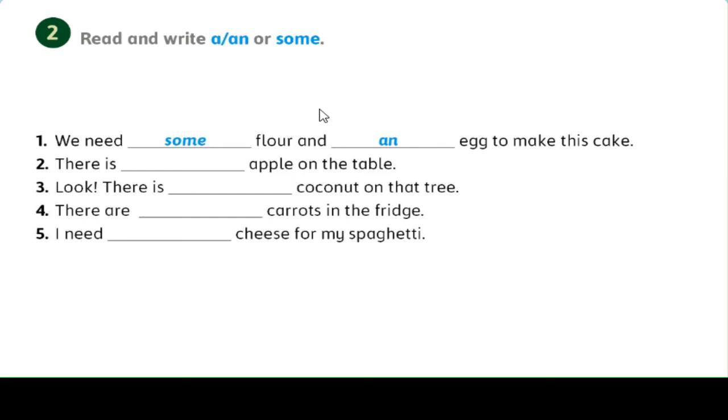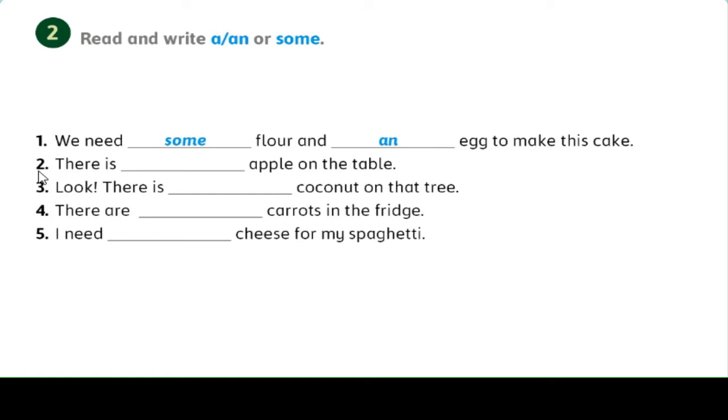Some goes in front of countable or uncountable nouns, but for countable, it means more than one. Look here, we need some flour. Flour here is uncountable, so we use some. And an egg. Why do we use an here, not a? Because egg starts with a vowel, and it's only one.